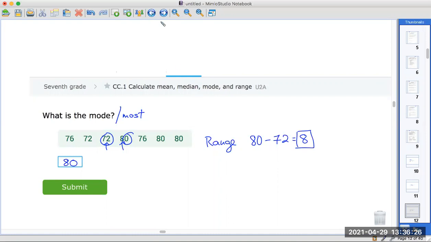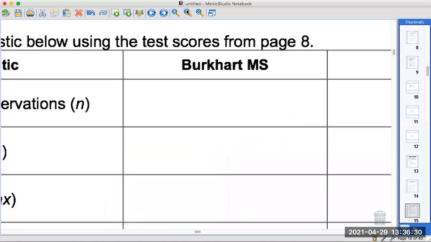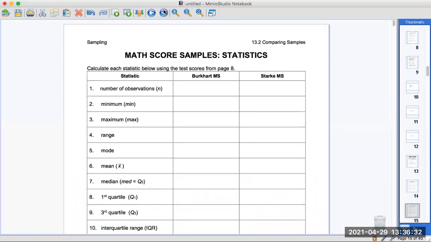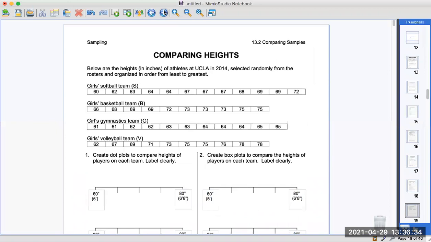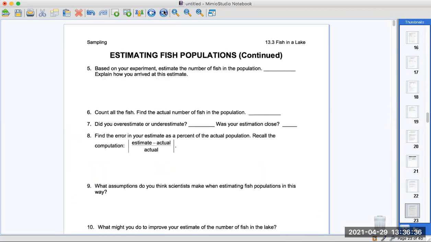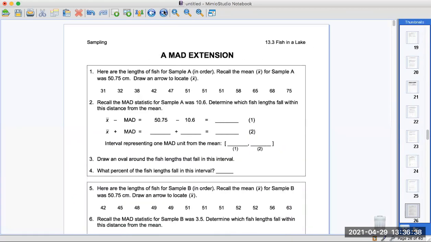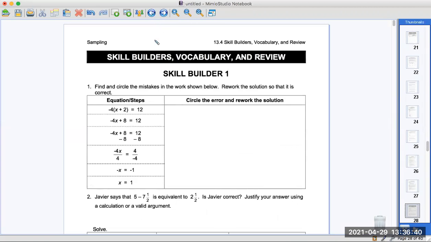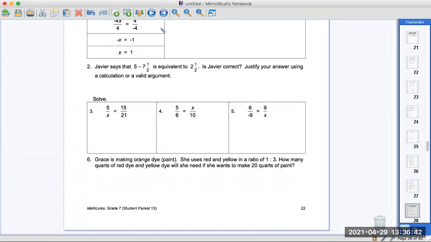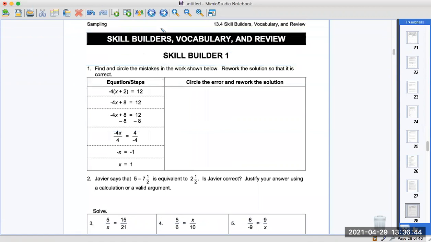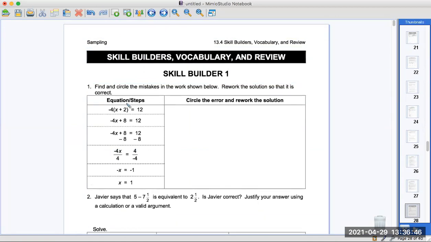All right, and then last but not least, this is the part with these books that is a little different. You have actually homework at the end. Remember those skill builders. So this is page 22. Your homework is skill builder 1.